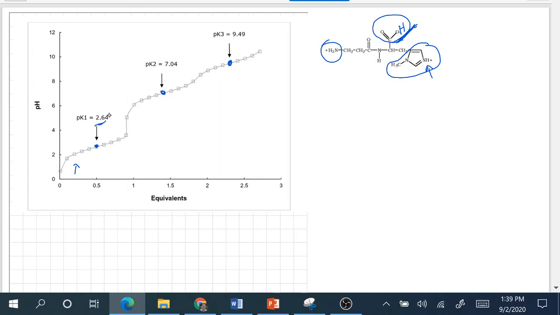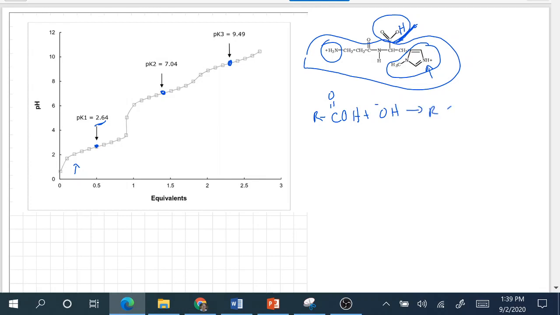So if we draw the rest of this molecule as an R, we can say RCOOH, that's if it's not deprotonated, plus OH minus yields RCOO minus plus H2O, and the pKa for that reaction, pKa1, is equal to 2.64.